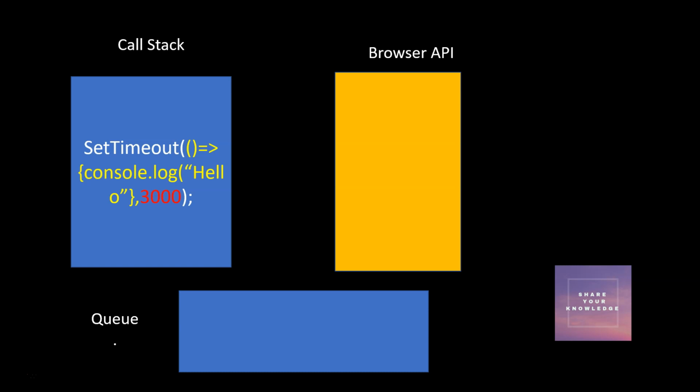The same thing works for promises also. In the case of a promise, once the promise resolves, it will put the JavaScript function, that is whatever we have put inside promise.then, into the queue, and in a similar way it will be taken from the queue and executed in the call stack.